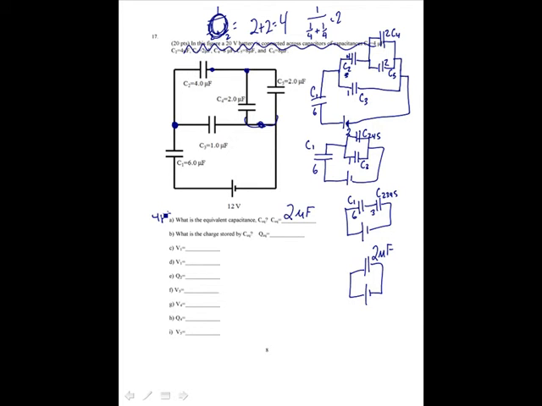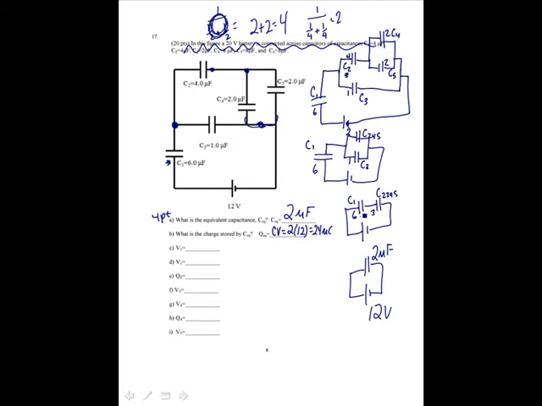What is the charge? This is just CV, so 2 microfarads times 12 volts. 2 times 12 is 24 microcoulombs. And I want to know what V1 is. V1 is this capacitor, which is the same as this capacitor.